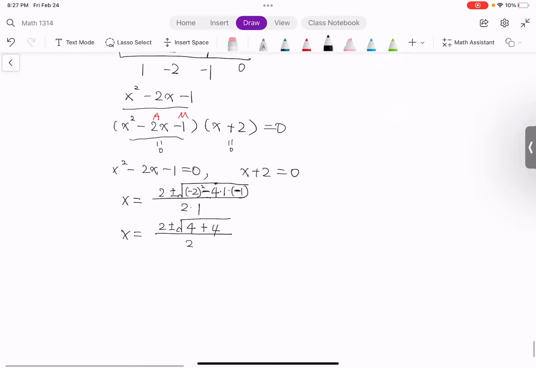And then x equals 2 plus or minus square root of 8.